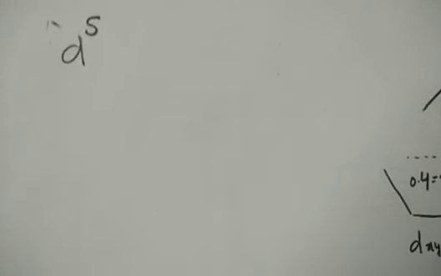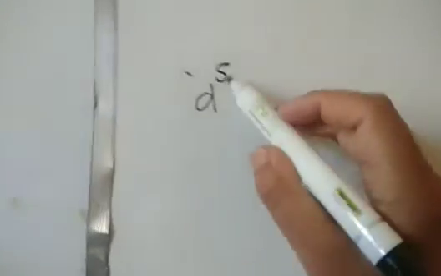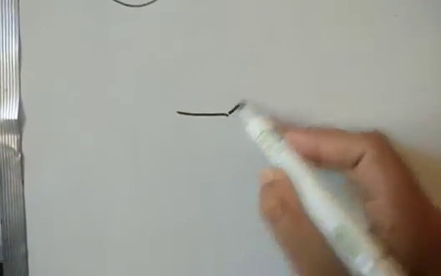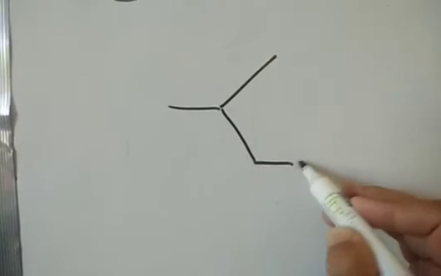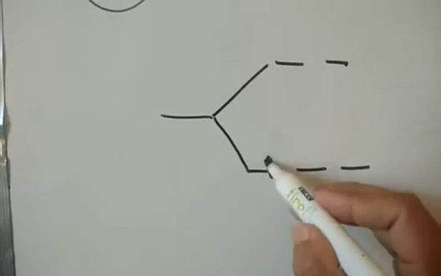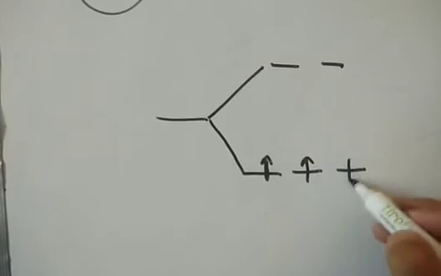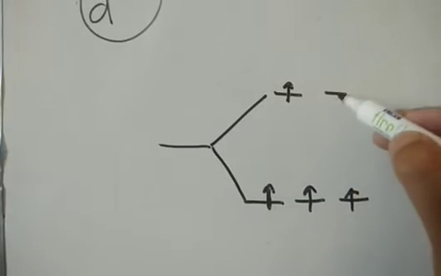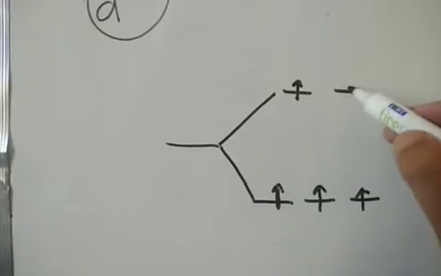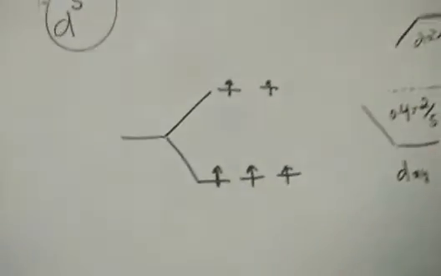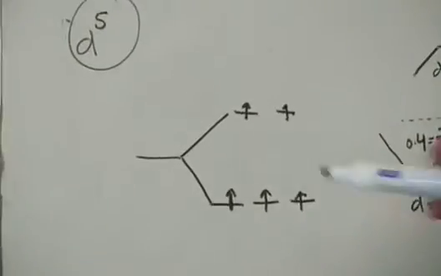If we have to fill electrons in a d5 system, we'll make it like this, 3, 4 and 5. We'll first put one electron here, then here, then here. The usual trend is that we first fill one in each orbital, so as to have the maximum multiplicity, Hund's rule of maximum multiplicity.